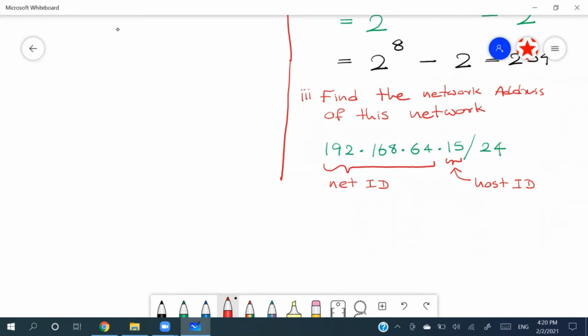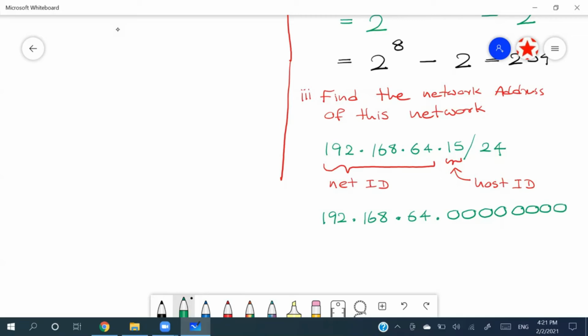So I'm going to do it like this. So 192, 168 won't change. 64 won't change, and this host ID has 8 bits, so those 8 are changed into zeros like this.